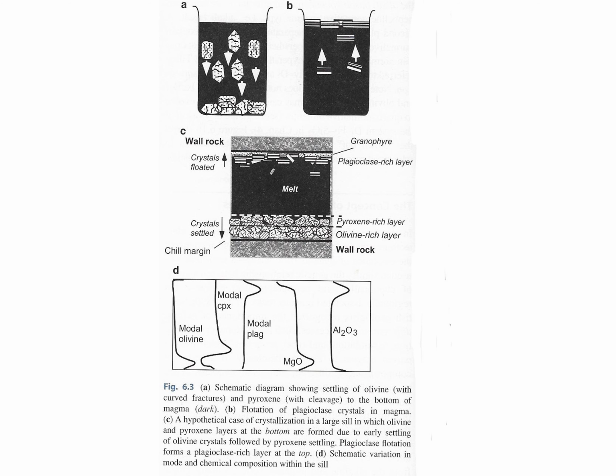The schematic variation in mode and chemical composition within a sill. So the olivine will sink down in this sill. Yeah, we are forming then at the bottom an olivine-rich layer. The CPX will sink down. We are forming then in this sill also a CPX-rich layer. The plagioclase will float up. We are forming here a plagioclase-rich layer at the top.